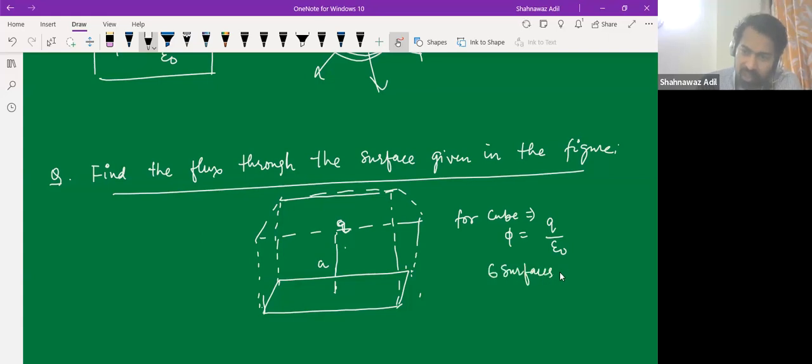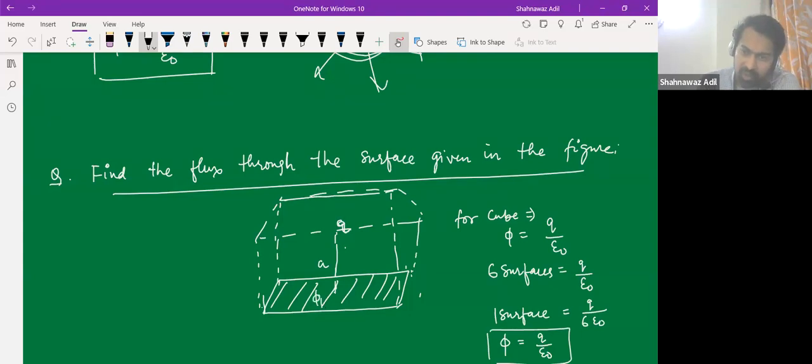For one surface, because I want to calculate for this one, the flux would be q by 6 epsilon naught. So this would be the flux passing through this. Let's say this is phi one. Is this thing clear, guys? Yes, sir.